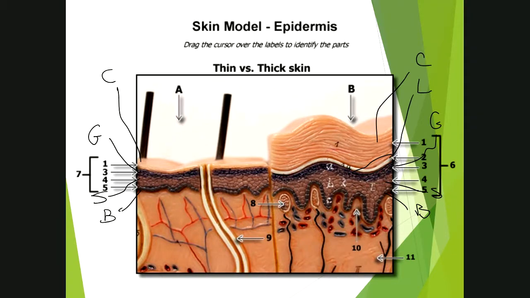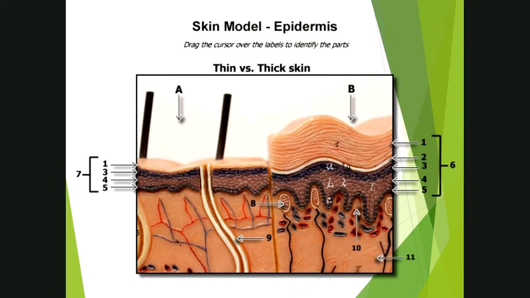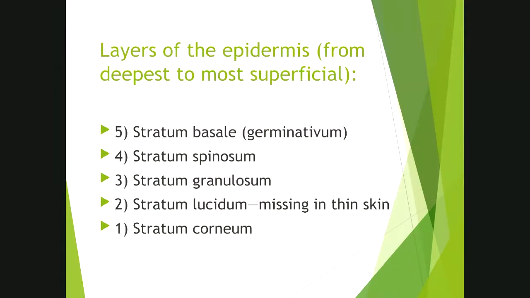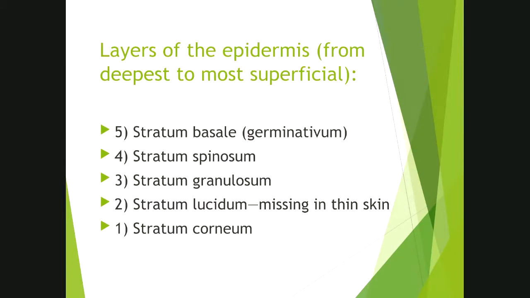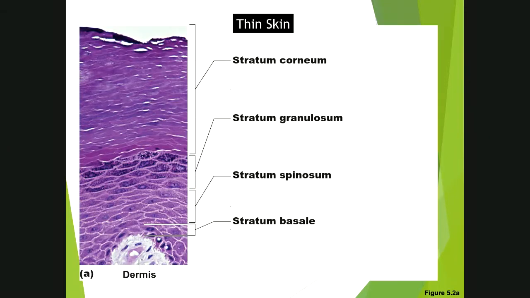So if you look here, these numbers match these numbers. And so hopefully you'll be able to look at this and name these layers. And so here's an actual slide. And so again, we should be able to pick out the layers. So here's 1, 2, 3, 4.